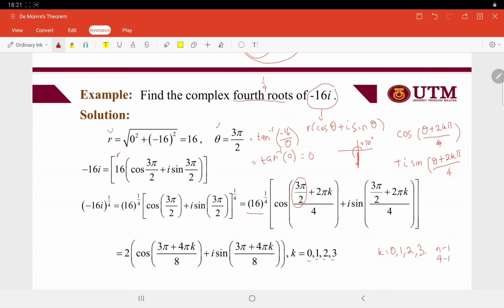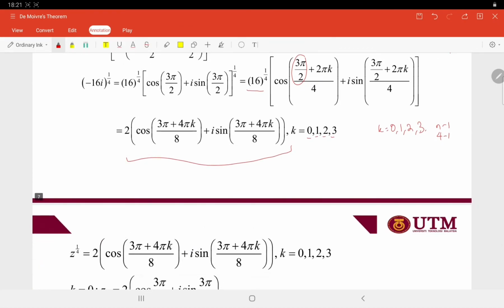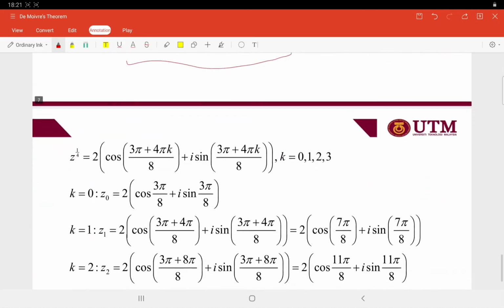So we have to substitute k equals 0, k equals 1, k equals 2 and k equals 3 into this equation to get the roots of negative 16i.